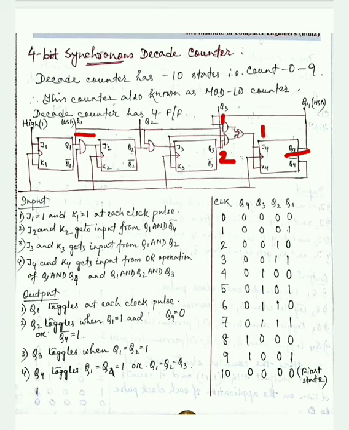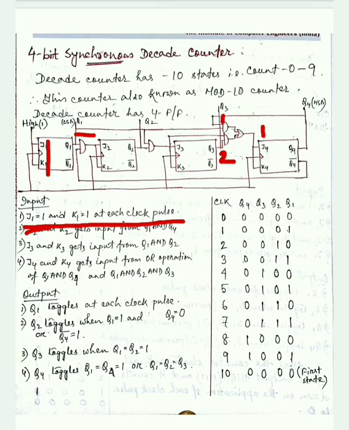In our synchronous up counter, only AND gate 2 is used. Here AND gate 1 is also used in order to reset the flip-flop after reaching 9. Now you see the input J1 K1 at each clock pulse.